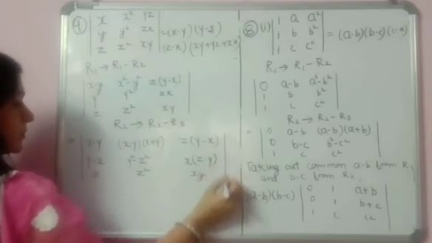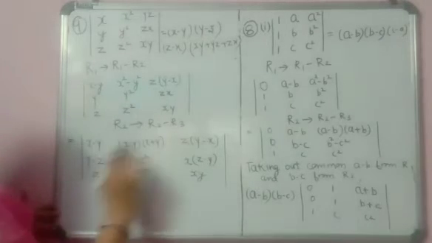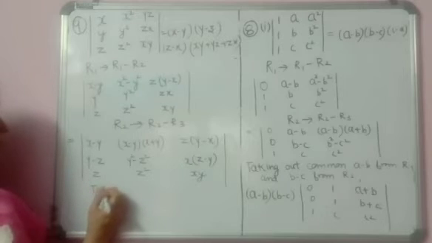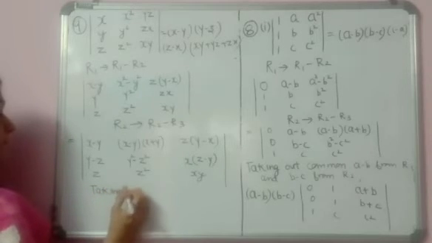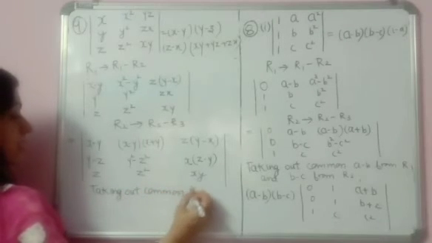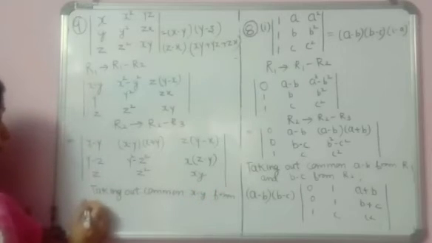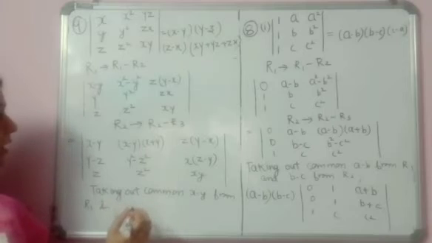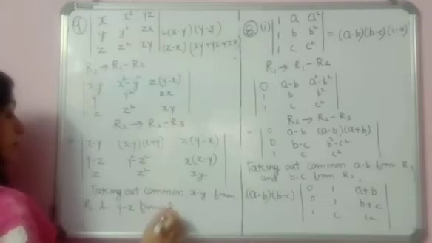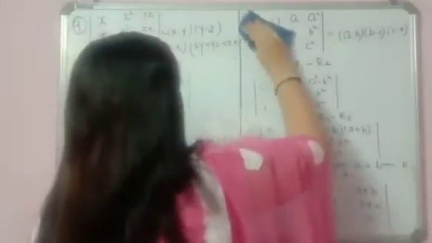Okay, now you can take out common x minus y from row 1 and y minus z from row 2. So taking out common x minus y from R1 and y minus z from R2. Okay, now let us see what happens.